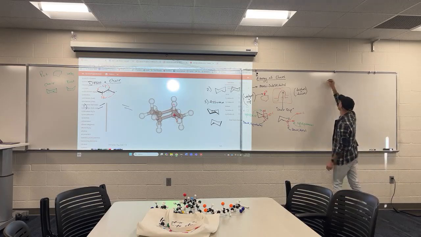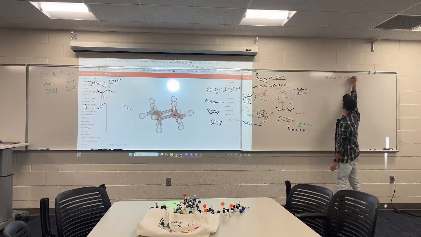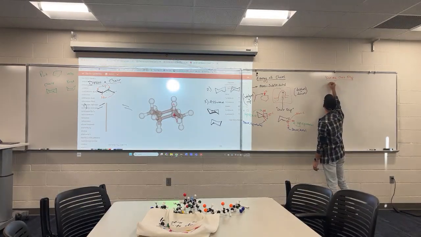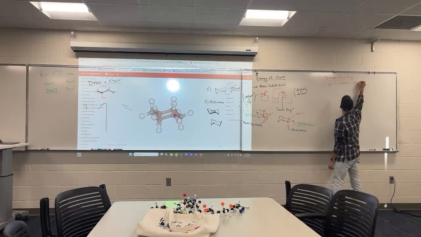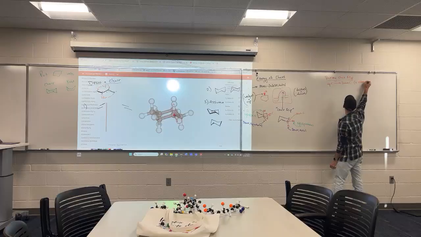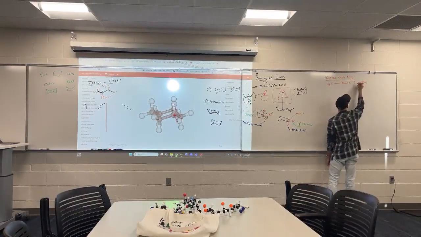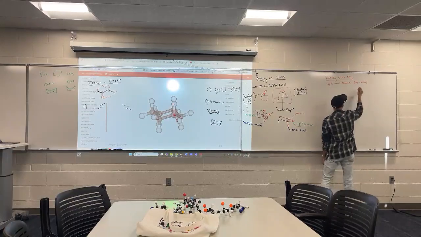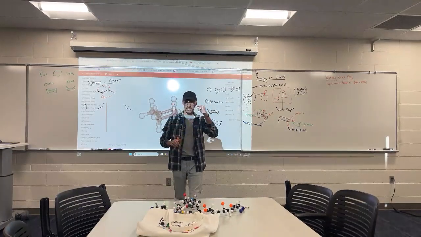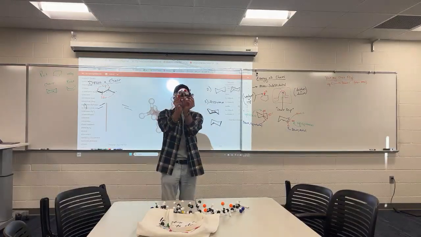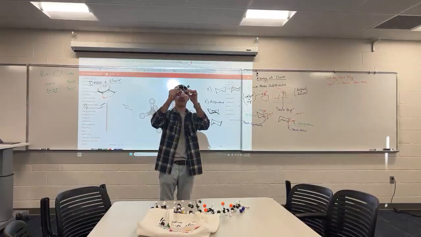So during a chair flip, up carbons become down carbons, and vice versa. That's what this process is, of taking carbons 1, 3, 5 and flipping them so that their orientation in space is now changed.